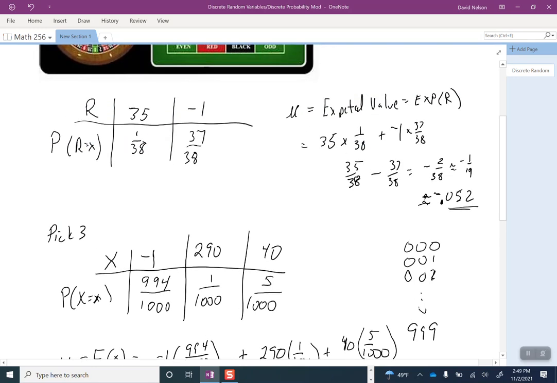Whereas with roulette, 1 out of 38, that's considerably more likely. I mean, it still doesn't happen very often, but it's more likely than 1 out of 1,000. So you're more likely to win that $35 playing roulette.